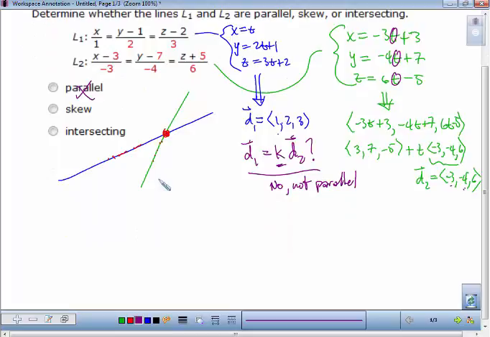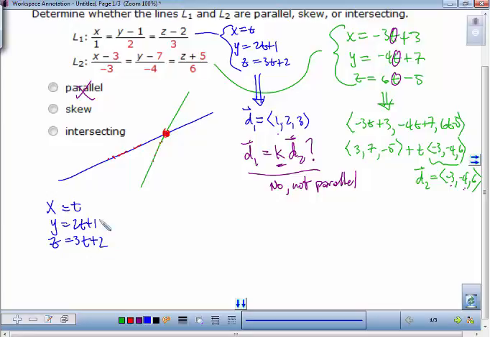So what we're going to do is take our equations in parametric form. We're going to take one of the equations and use a different parameter.